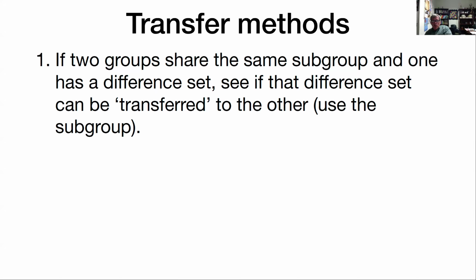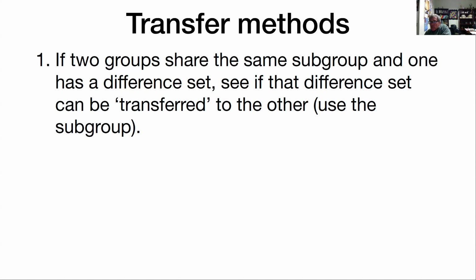Let's say you have two groups of order 256 that have a large subgroup in common, maybe a group of order 64 or something like that. And we know that one of those has a difference set. Well, look at how that difference set is spread across the cosets of that subgroup, and then see if you can transfer it over to the other group.